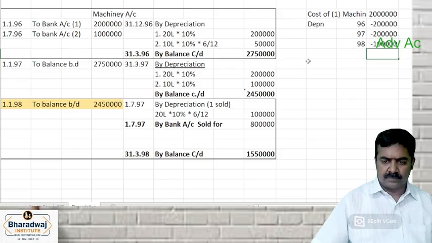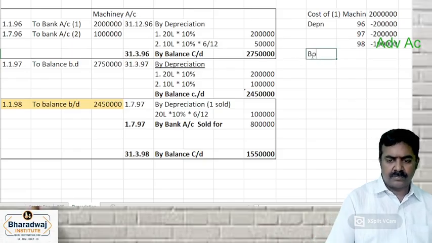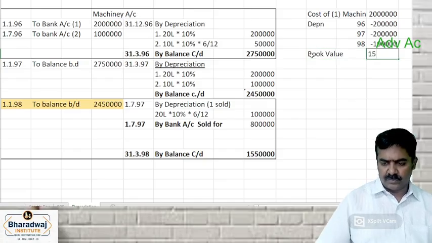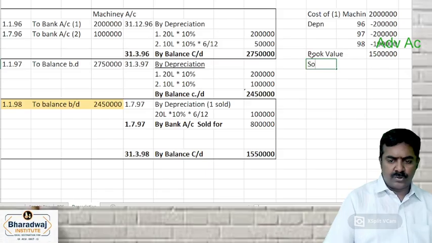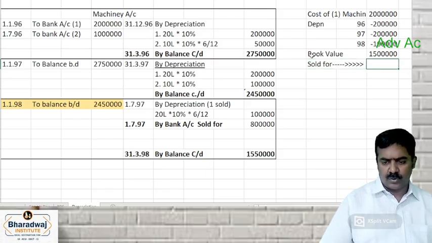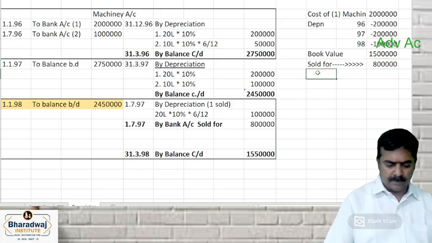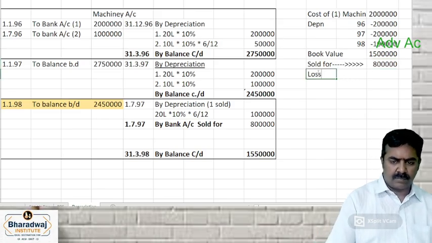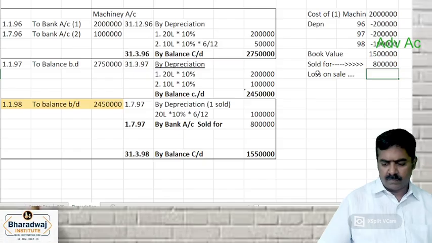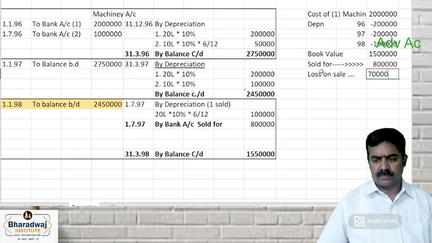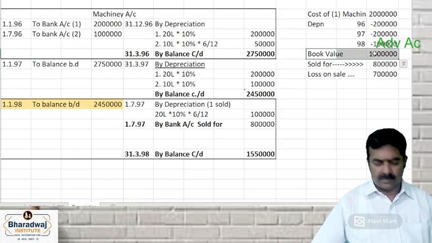Now the book value, what is the book value? 15 lakhs, sold for how much? So loss on sale, balancing. What is the loss on sale? 7 lakhs.